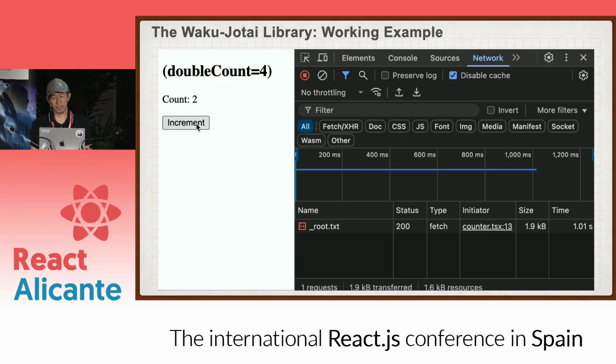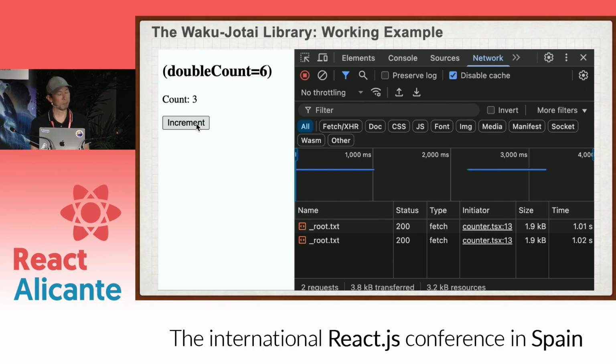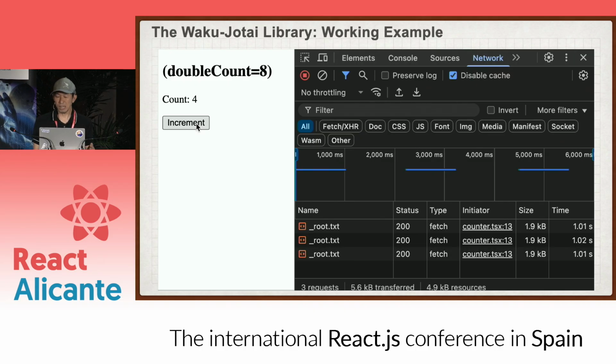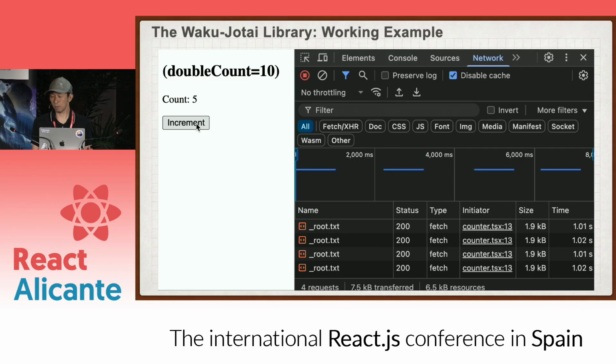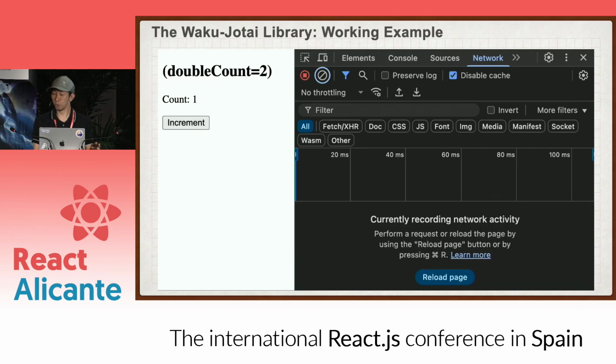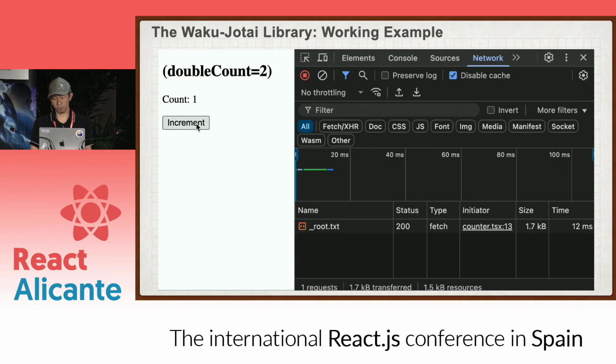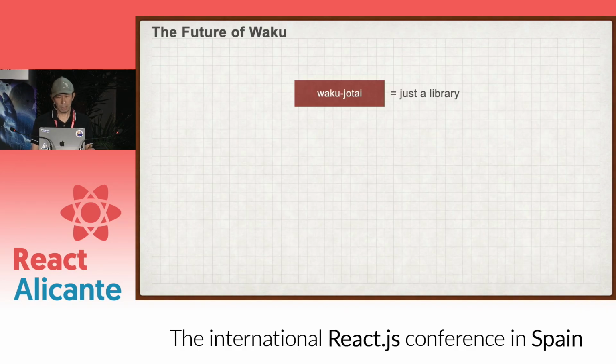Well, this is just the beginning of the Waku Jotai library, and it's just one library in the Waku ecosystem. Do you see the potential and the future of Waku? As we saw, the Waku Jotai library enables a new pattern of server-only atoms with React Server Components.